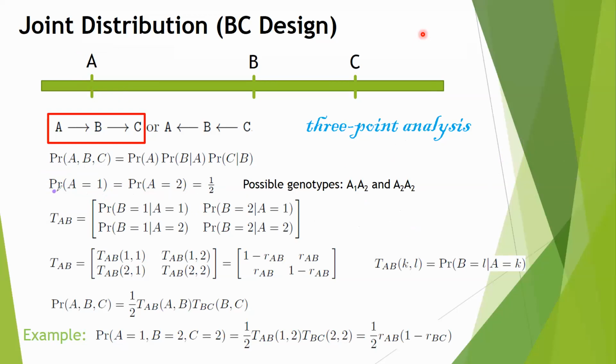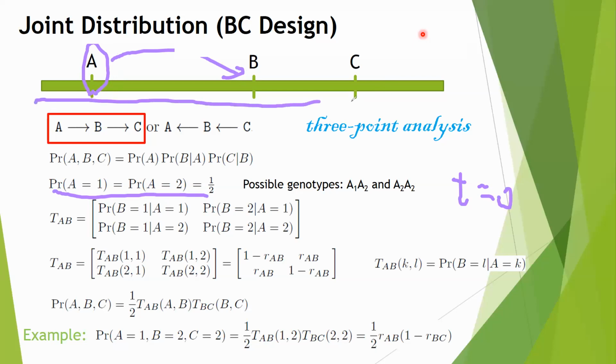Okay, now the time t equals 0 is easy, right? We start from one end of the Markov chain. That's easy. But the complicated thing is if we want to move from locus A to locus B, then this is one transition in the chain, if you treat the chromosome as a Markov chain.